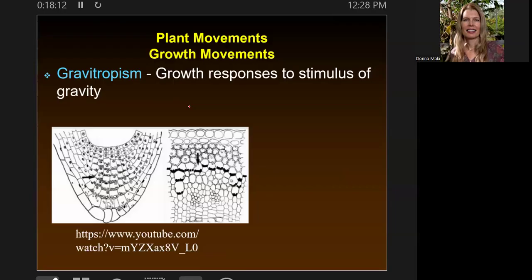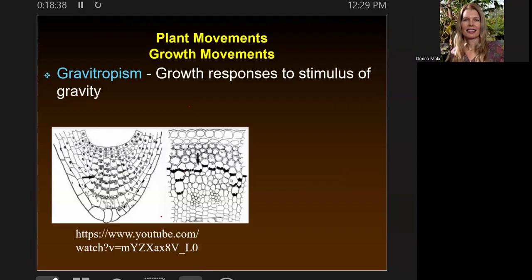And so this part of the cell membrane is getting more pressure from those amyloplasts compared to any other part of the cell membrane. And that's how the root is determining, oh, gravity's this way. I'm feeling pressure on the very bottom of my membrane of each cell. And that gives them the signal to go ahead and keep growing in that direction.